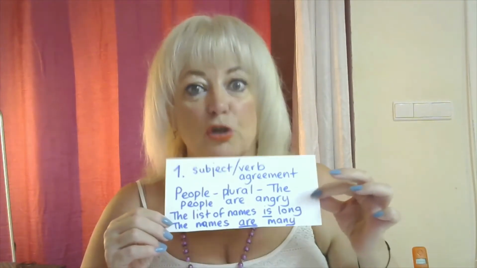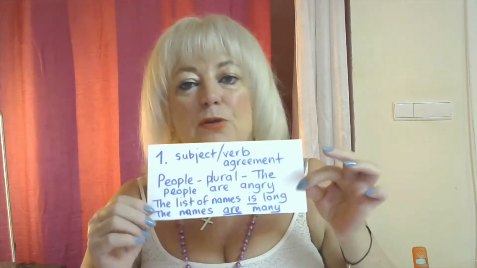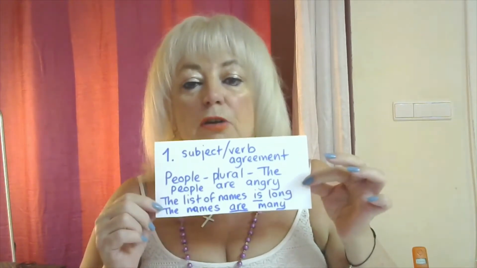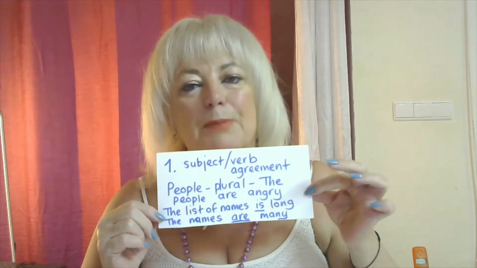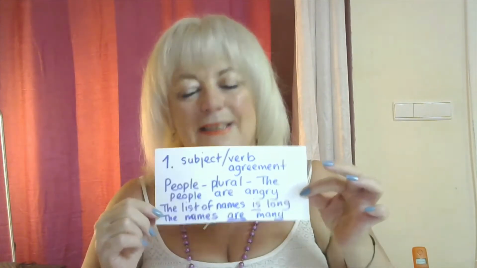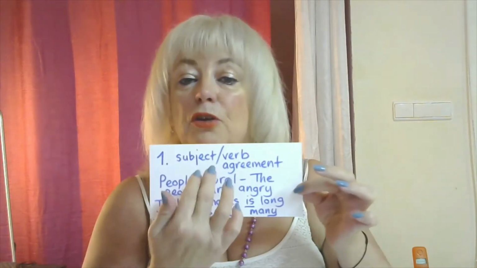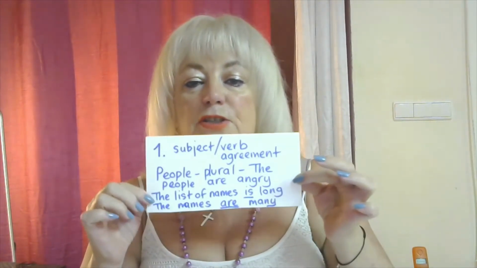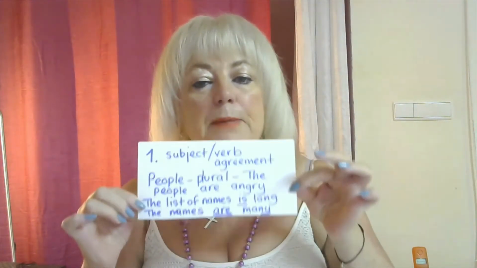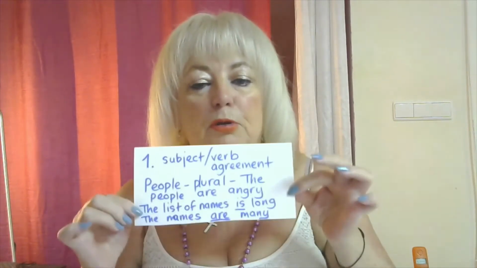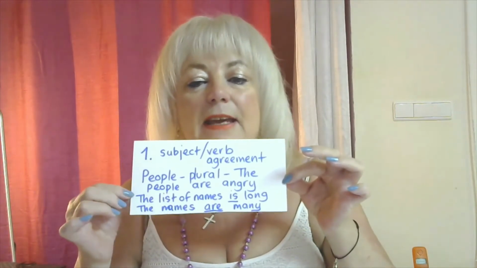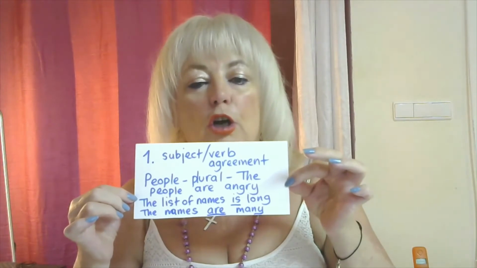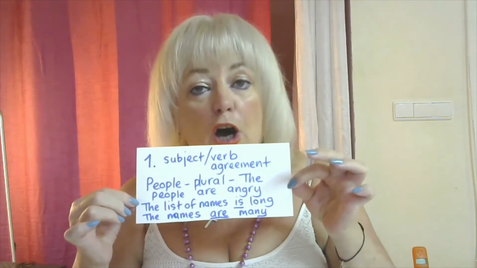Los nombres son muchos, porque eso es plural. So, a common mistake that people make when they're speaking English is they don't get the connection between the subject and the verb correct. So, the people are angry, plural. The list of names is long. The names are many.